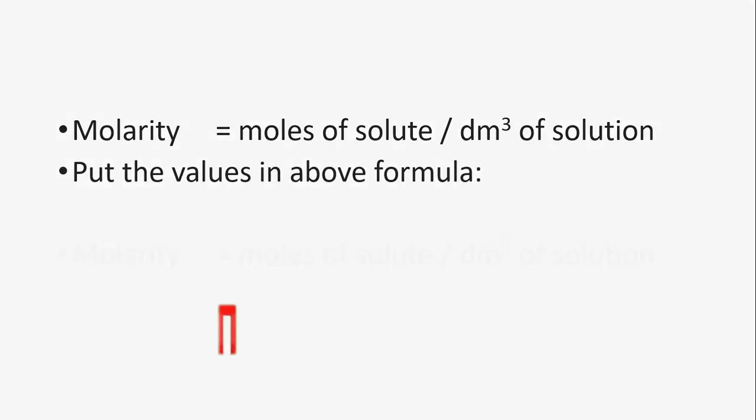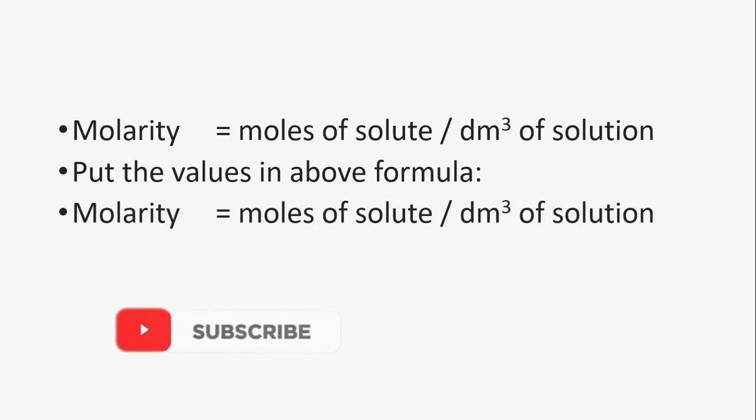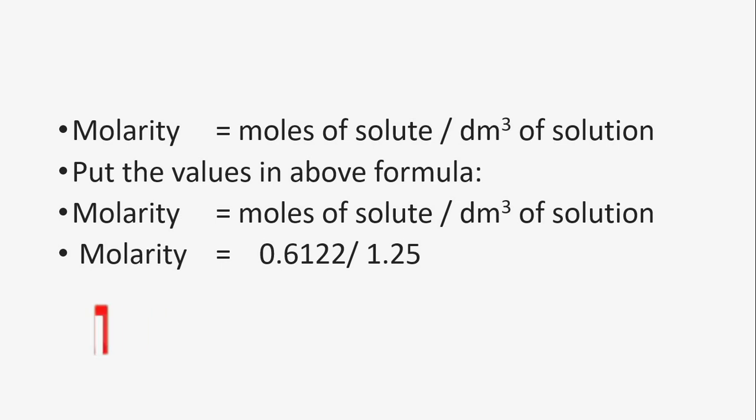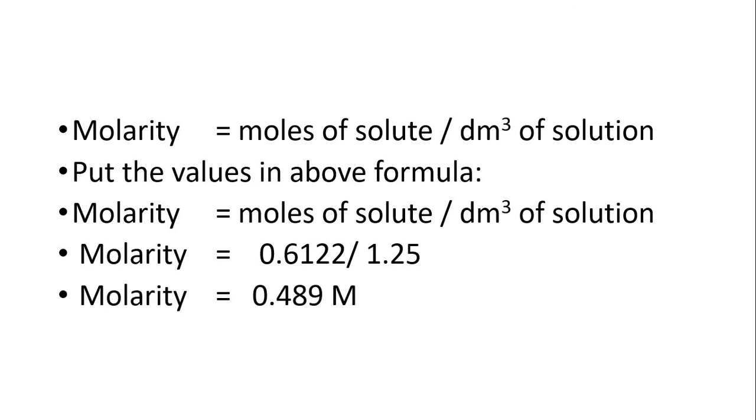Put the values in the above formula. Molarity is equal to number of moles 0.6122 divided by 1.25, that is the dm³ of solution. We get the molarity 0.489 molar.